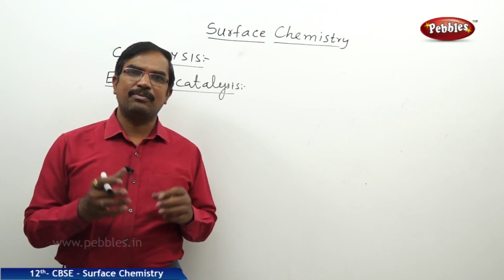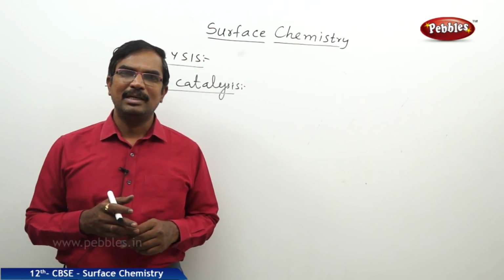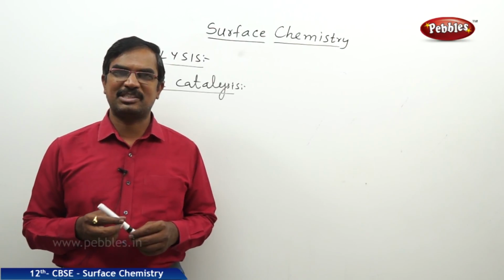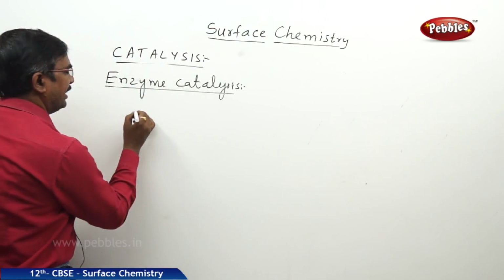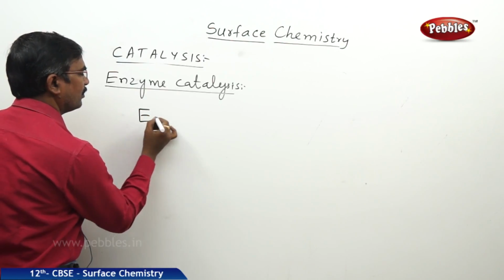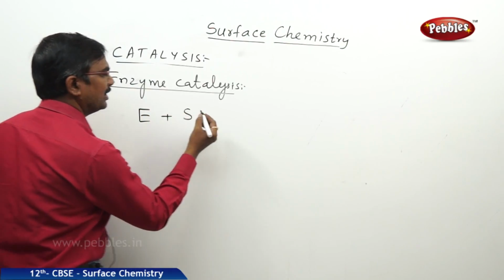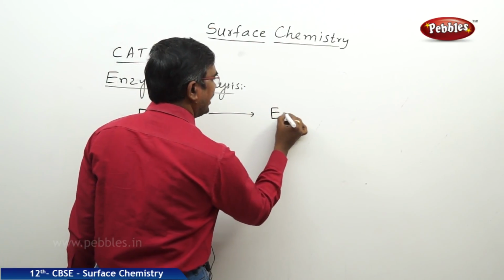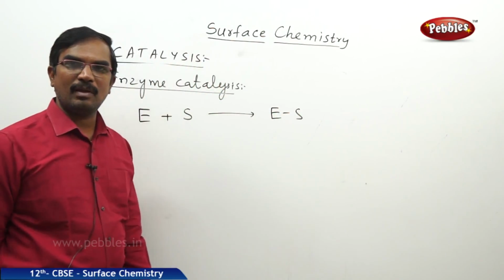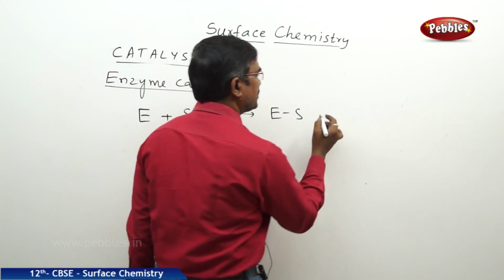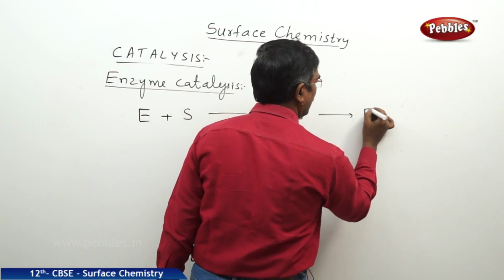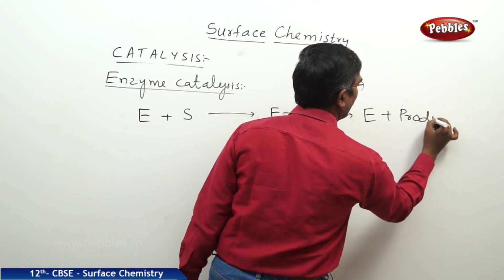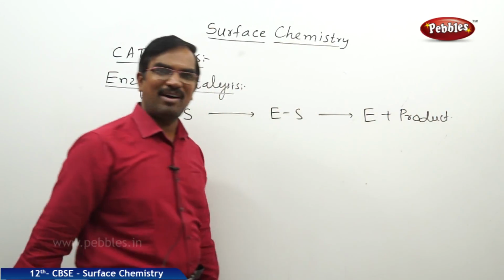will first form one intermediate compound with the reactant. Here we can call the reactant the substrate. So initially this enzyme with the substrate will form one intermediate which is called the enzyme substrate. Now this enzyme substrate finally changes, giving back the enzyme and the corresponding product or products.